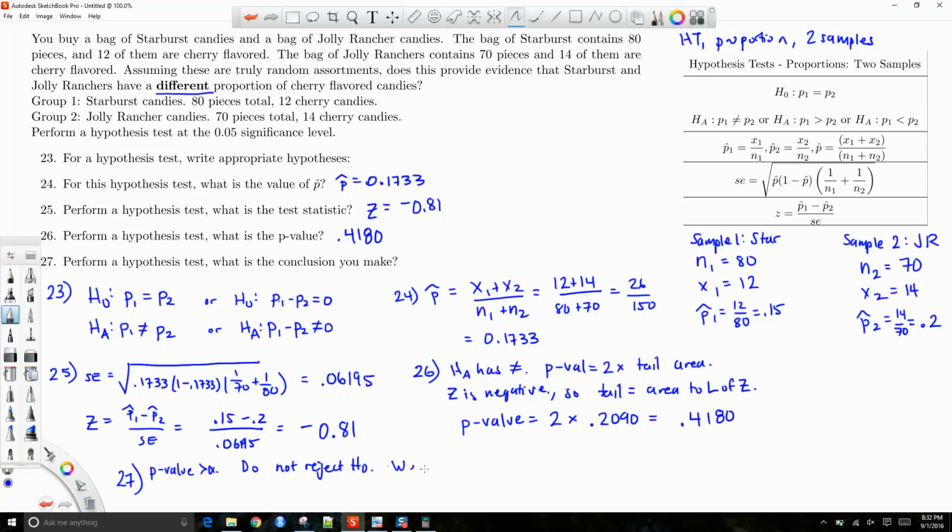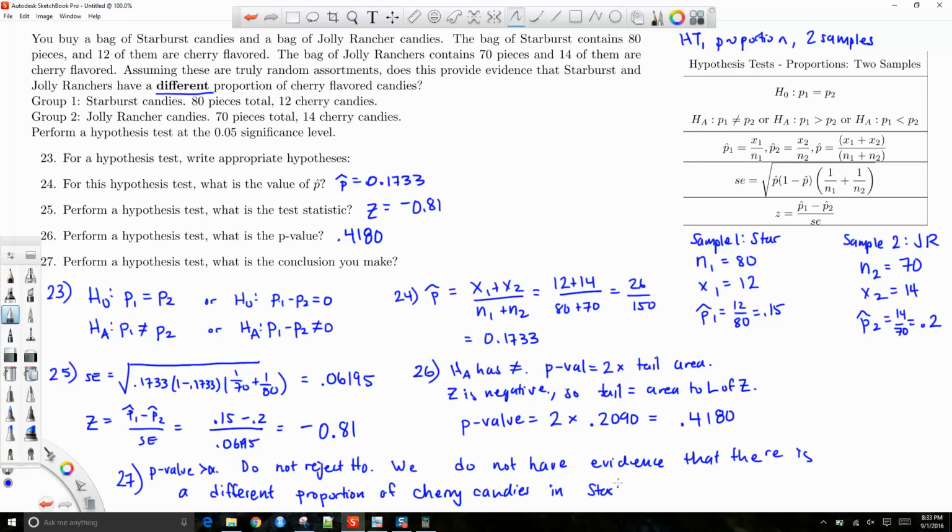And we would say we do not have evidence that there's a different proportion of cherry-flavored candies in Jolly Ranchers and Starburst. Good? Great.